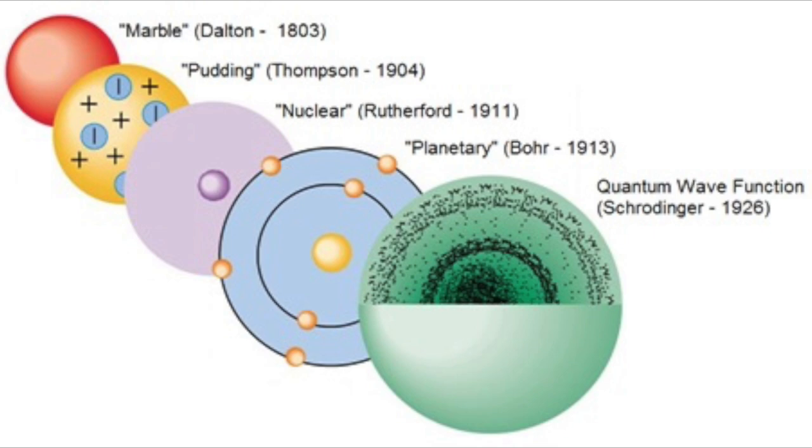Bohr also postulated that when an electron was in one of the allowed orbits, it did not radiate any energy. And he just argued that, well, Maxwell's equations, which said that it should emit energy, did not apply to the subatomic realm.